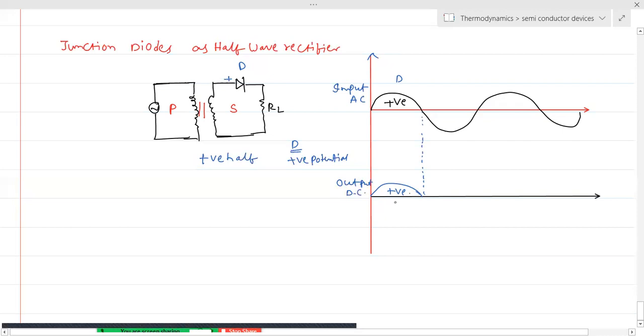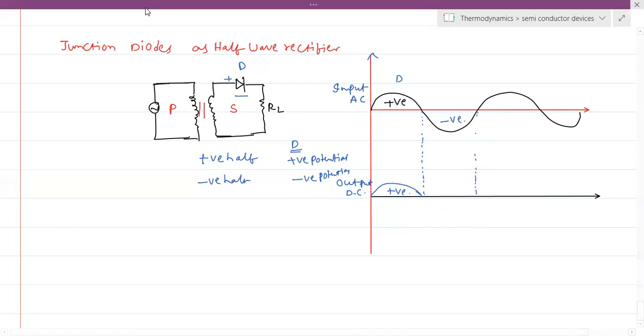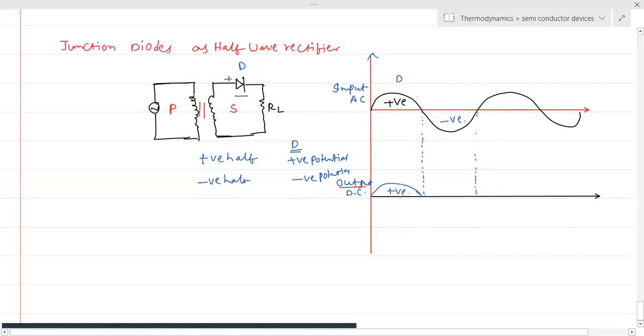During the negative half cycle, at the location of the diode, the transformer maintains negative potential. When a negative potential is given to the diode, it will be in reverse bias. In reverse bias, an ideal PN junction diode conducts zero current, so the current is absent.